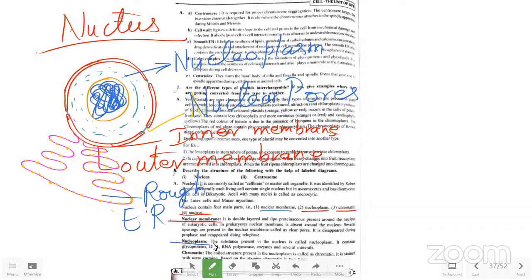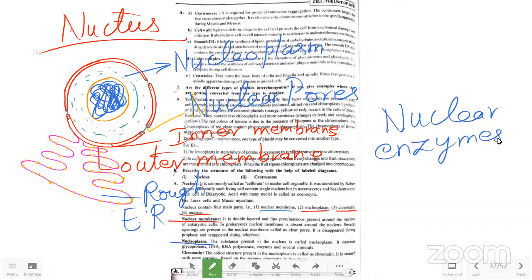Nucleoplasm is the substance present below the nuclear membrane, which is very rich in nuclear enzymes. These are meant for the preparation of the genetic material and for further RNA technology and so on.